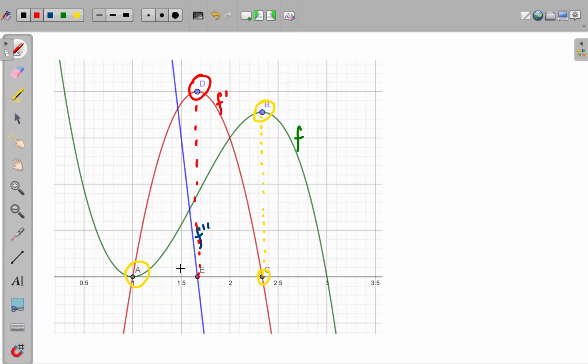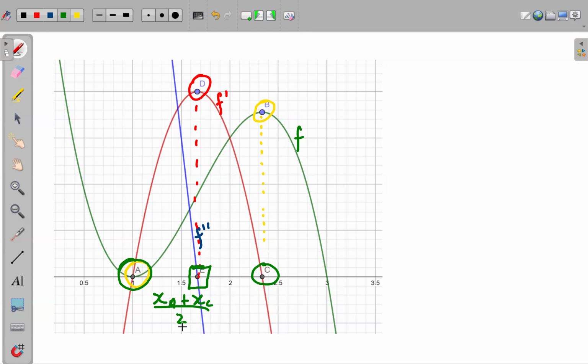Now, let me add on to your understanding the fact that the midpoint of these two intercepts of the parabola will actually give you the x coordinate at E. So if you take whatever the x value is at A and you add whatever the x value is at this point C here, and you divide by 2, that will give you the x value at E.